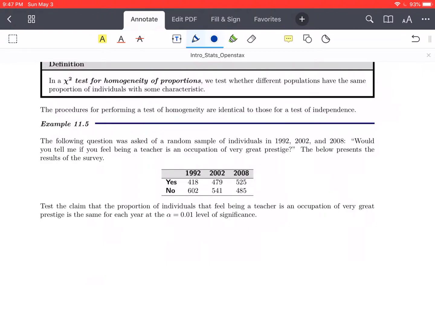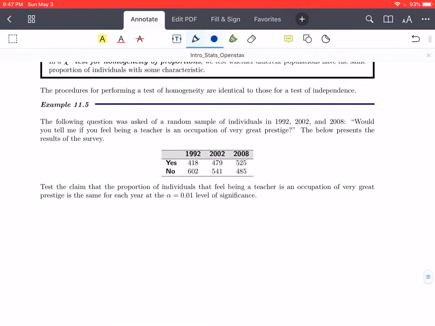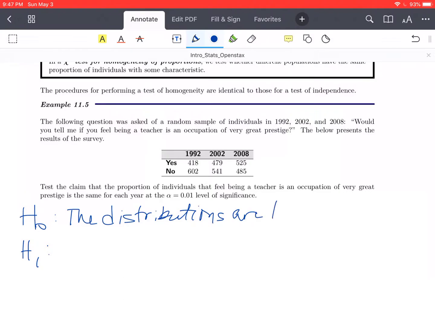So when we're doing the test for homogeneity, we're going to have our null and our alternative. The null hypothesis is always going to be that the distributions are the same, and the alternative is the distributions are different.